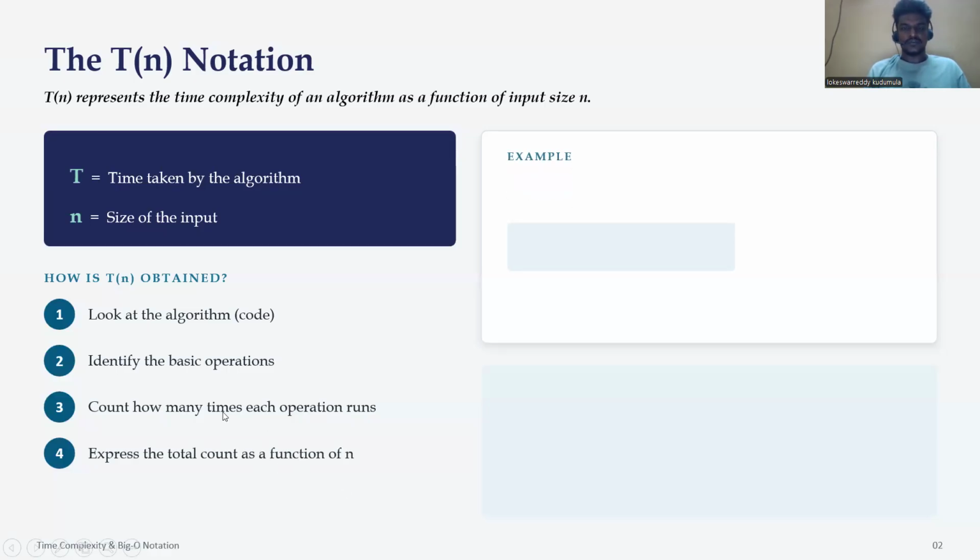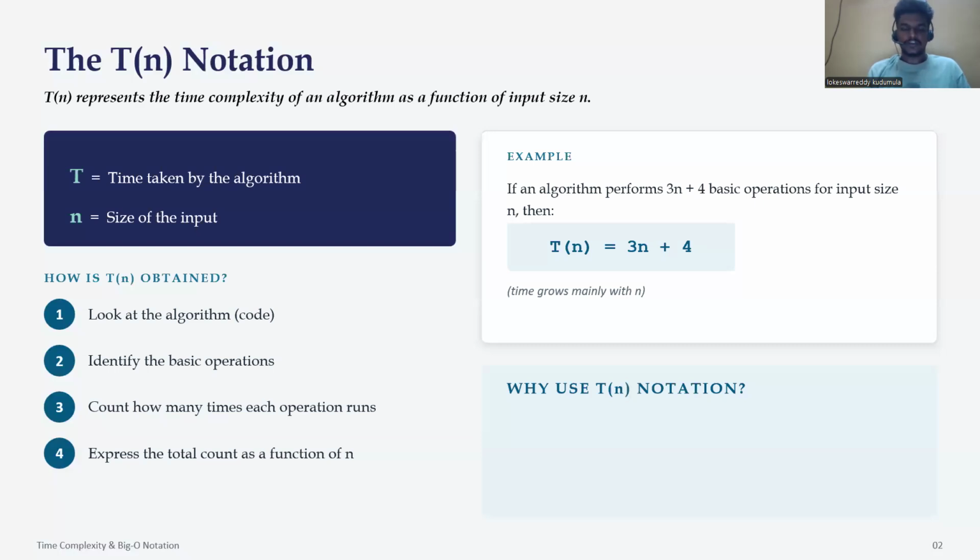For example, if an algorithm performs 3n plus 4 basic operations for input size n, then in a mathematical representation we write T of n equals 3n plus 4. This is just an example, and we will explain it by taking an example problem.